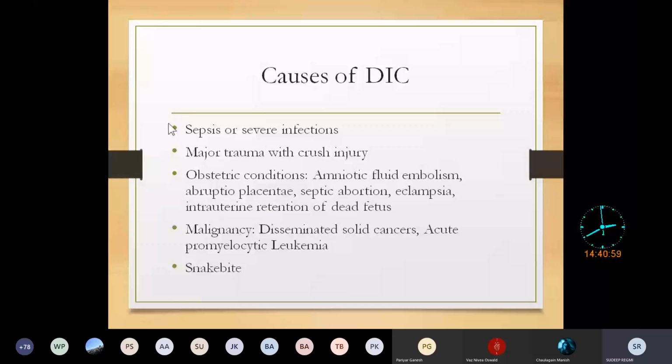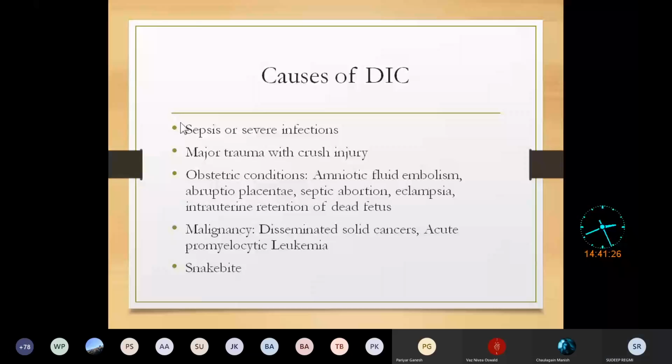Everywhere, we talked about association of sepsis or septic shock with DIC. So now I think it should be clear to you in your mind why DIC is important in septic shock and why we should always be worrying about formation of DIC in sepsis and septic shock.